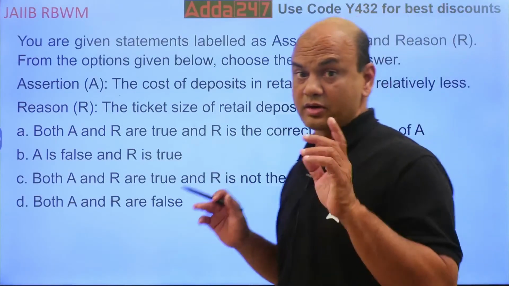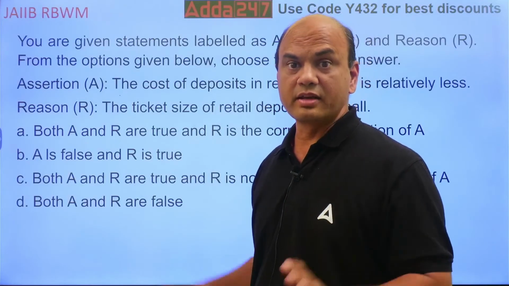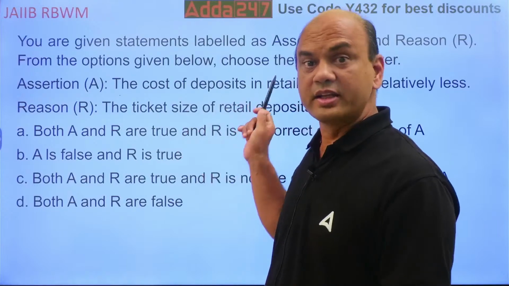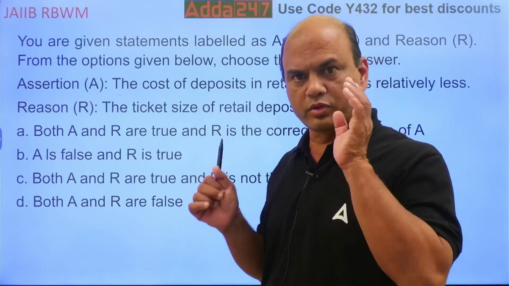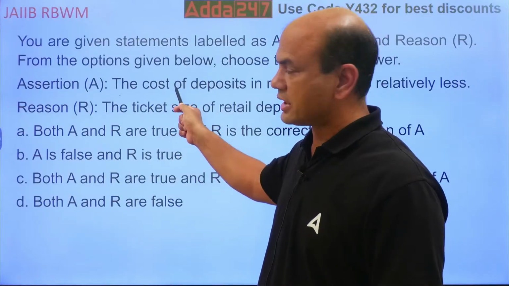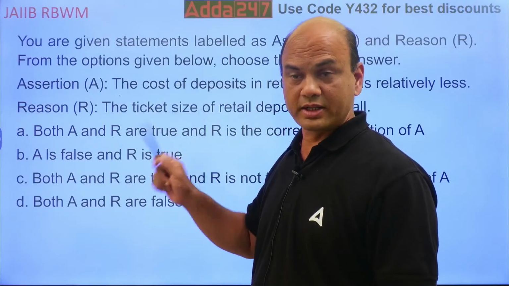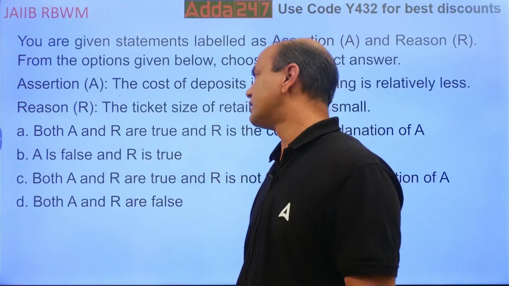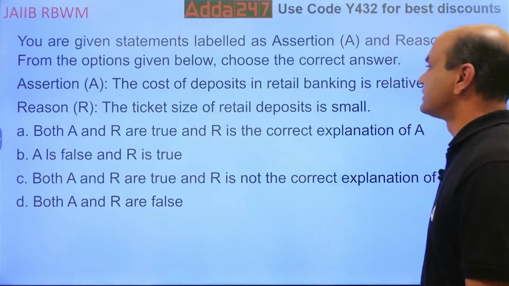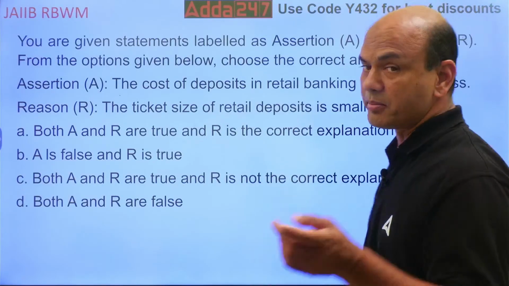Don't think from your angle. Don't think like it is less. Don't apply your logic over here. Look at the statement and the reason, whether they are matching or not. And what is the reason given? The ticket size of retail deposits is small. So now compare these two.